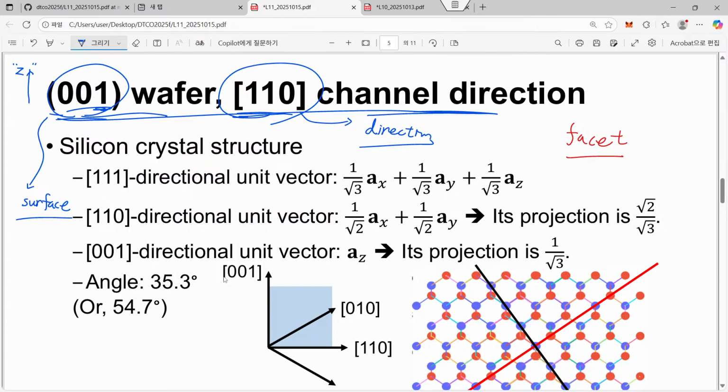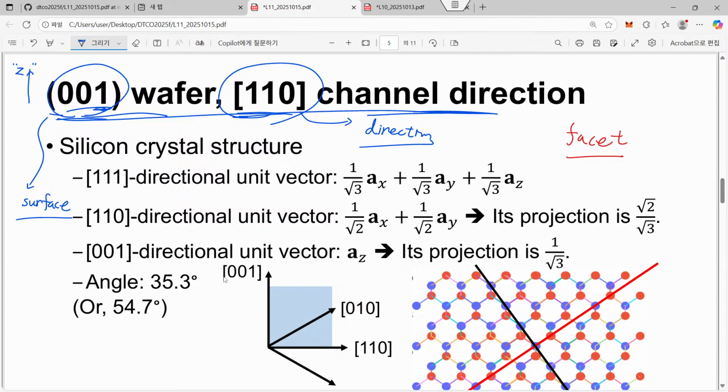But as much as I understand, during my career there was only one successful rotation of the channel direction, and that happened around 2000, starting from the late 90s.